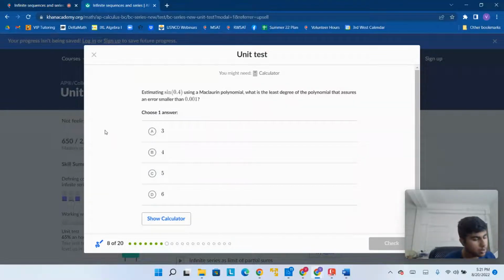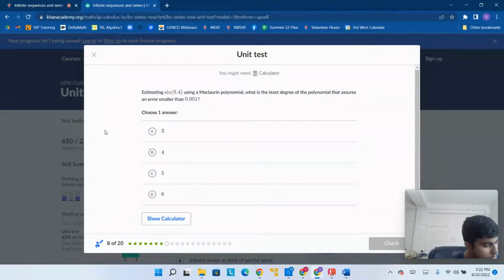Okay, so now what we do, since we're using a Maclaurin polynomial here, that means that it's centered at 0. So it's going to be f of n sine of that x in here is going to become 0. That x minus thing, that c, that's also going to become 0.